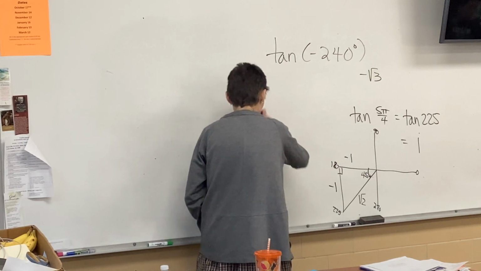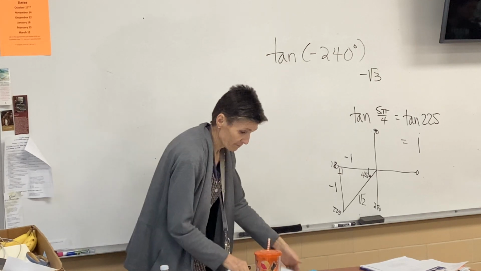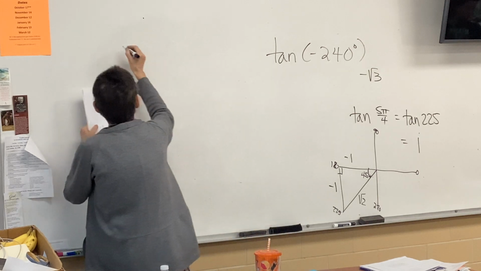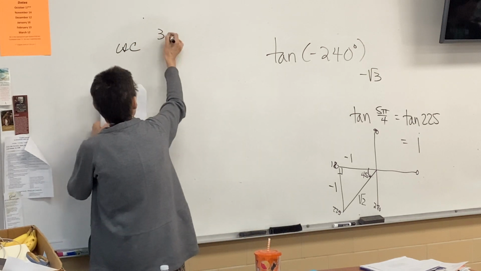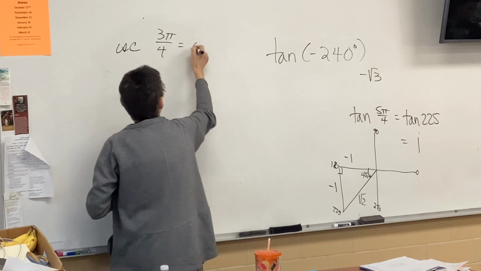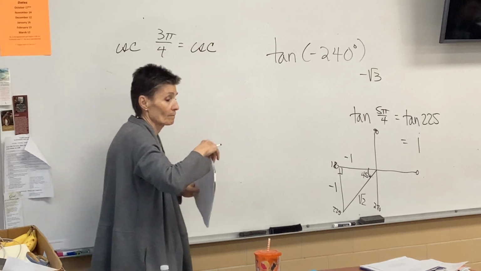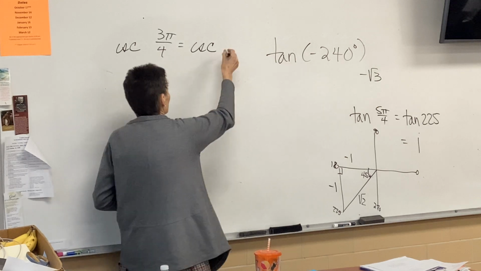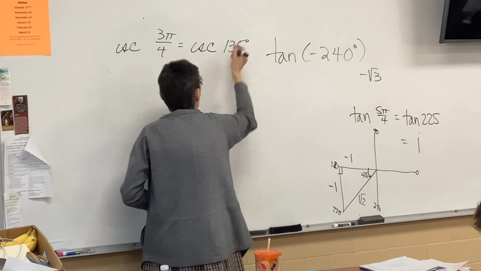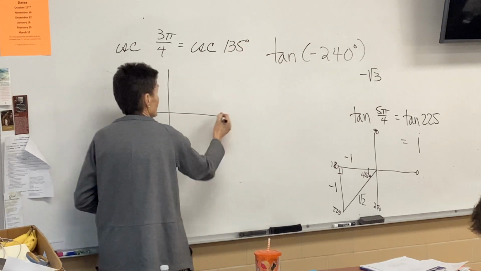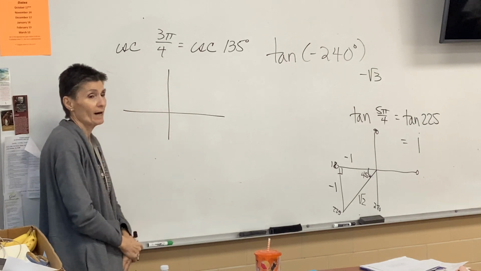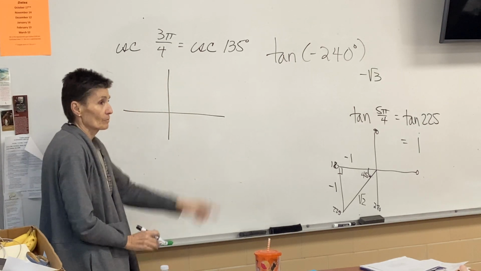All right. Let's get this section done. Cosecant, 3 pi over 4. Who's got 3 pi over 4 figured out? 135. Which quadrant is 135? 2.